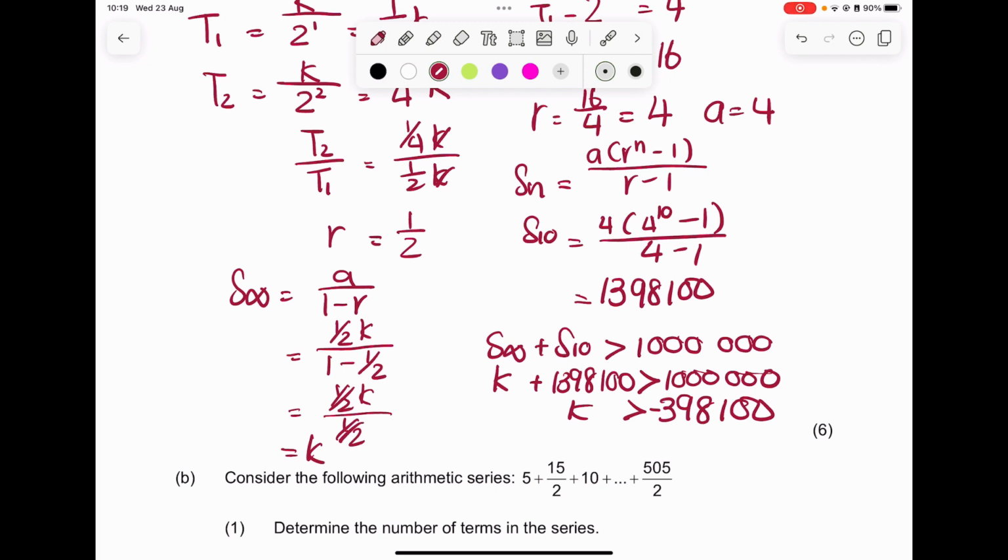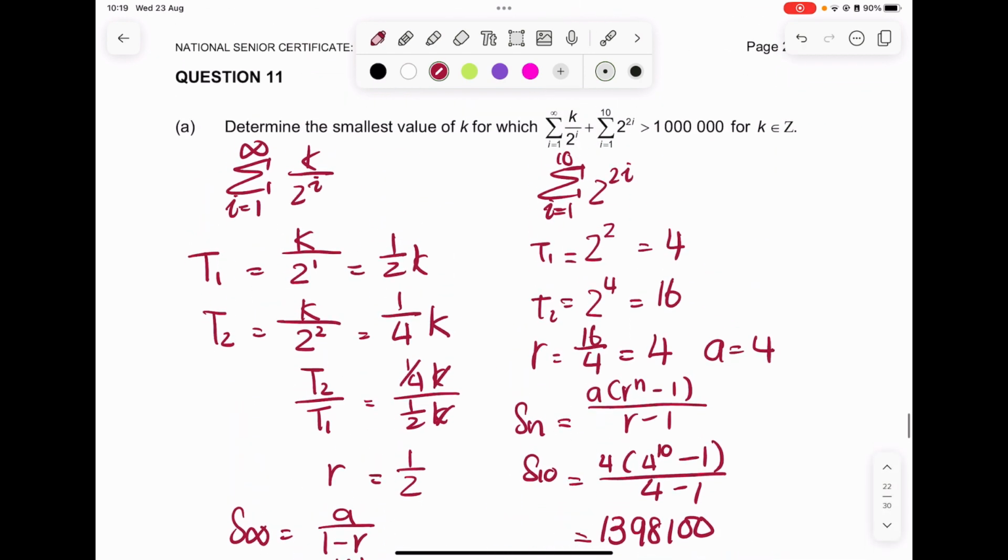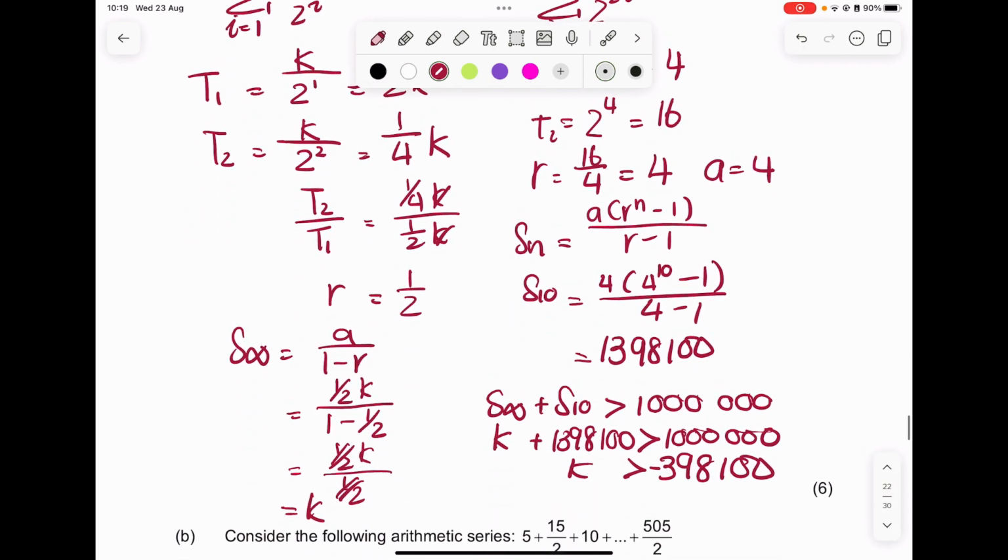And the question here says we're looking for the smallest value when k is an integer, so it has to be greater than that.